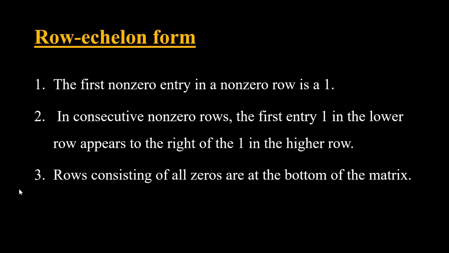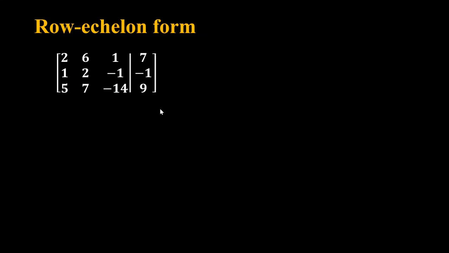And last, rows consisting of all zeros are at the bottom of the matrix. We already reduced our system into row echelon form in the last class, so here we are not writing the row operations separately.